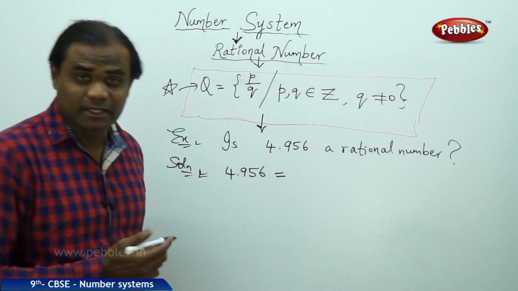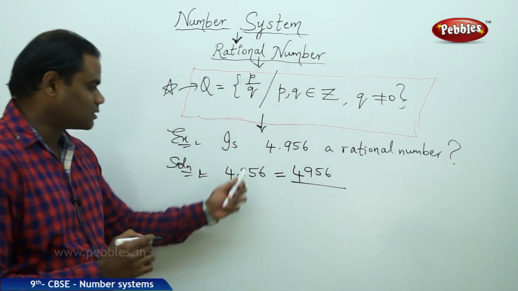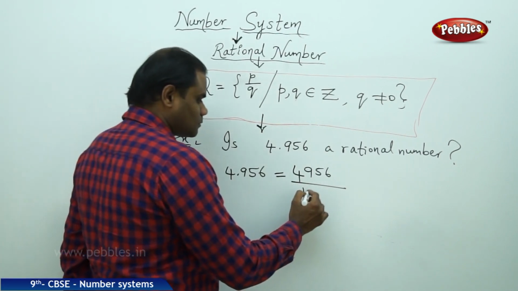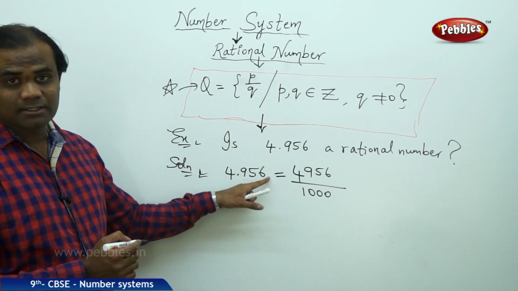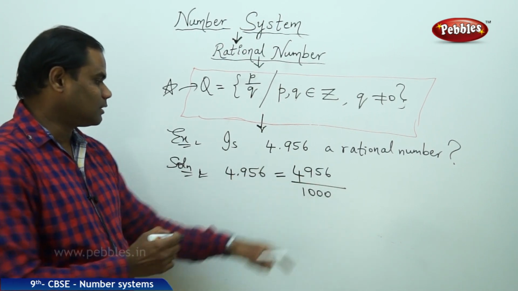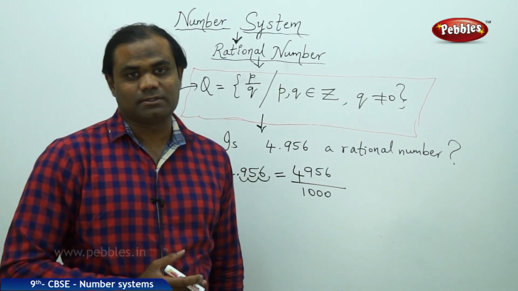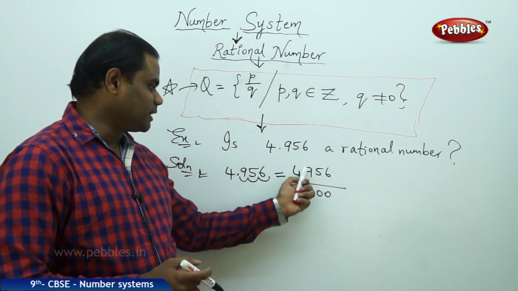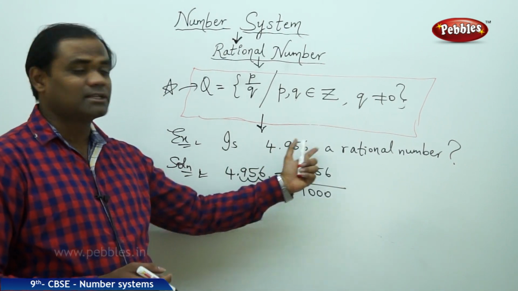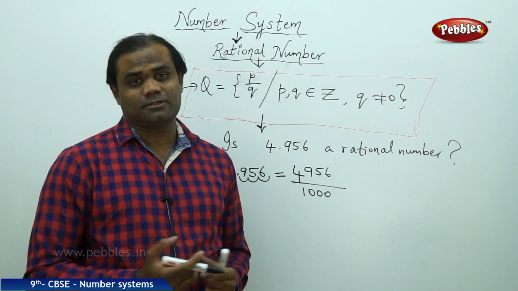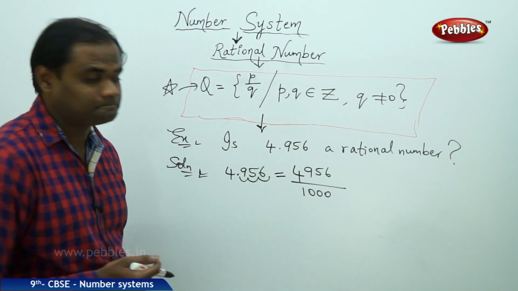Therefore, 4.956, when converted to the non-decimal form, has 3 zeros added to the denominator, so that this decimal 4.956 can be expressed as 4956 by 1000, the 3 zeros being counted on 1, 2, and 3 decimal places. Therefore, this, which can be expressed as 4956 by 1000, is the indirect simplified form of the given decimal 4.956.